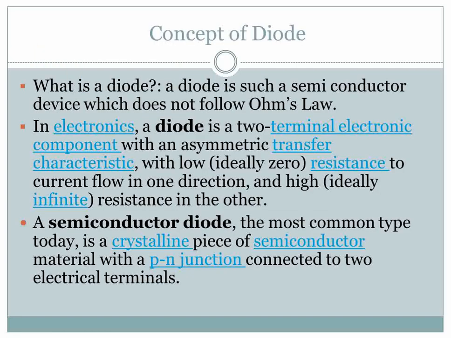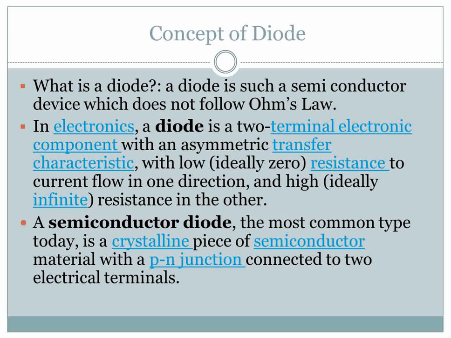Now move on to the concept of the diode. What is meant by diode? A diode is a semiconductor device that does not follow Ohm's law because it has a non-linear property. As the temperature increases, the conductivity increases.